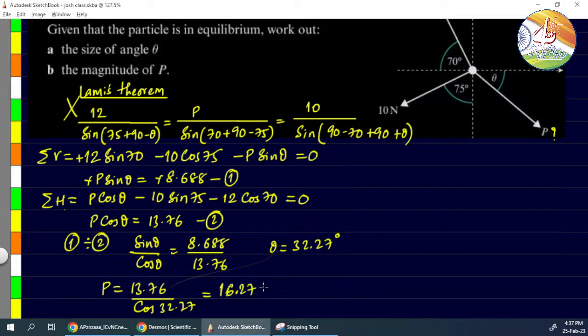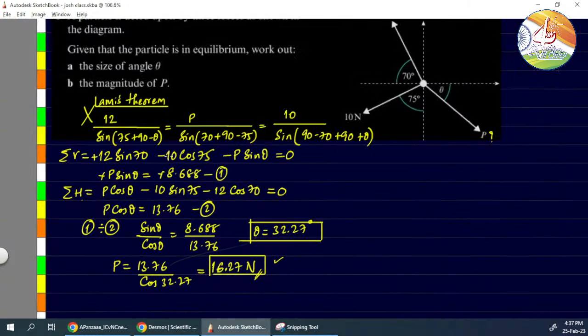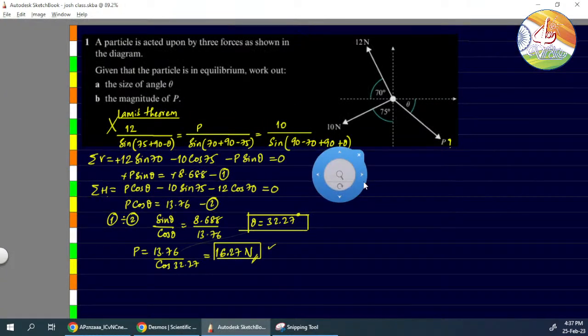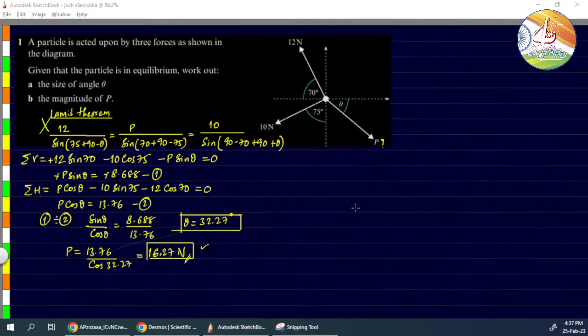This is in newtons. So this is the angle and this is the magnitude of P. Any doubts here?